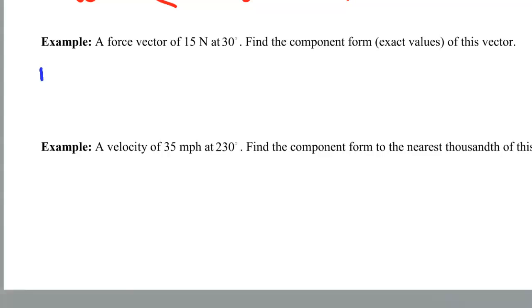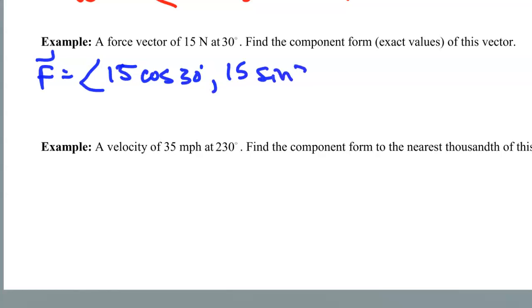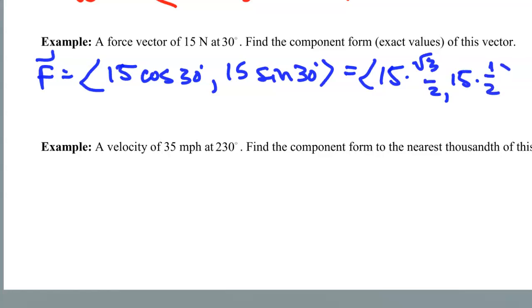So my force vector will be 15 cosine 30, which is a special value. 15 sine 30 is another special value. And I get 15 times, well, cosine of 30 degrees is radical 3 over 2. And then 15 times sine of 30 degrees is 1/2.